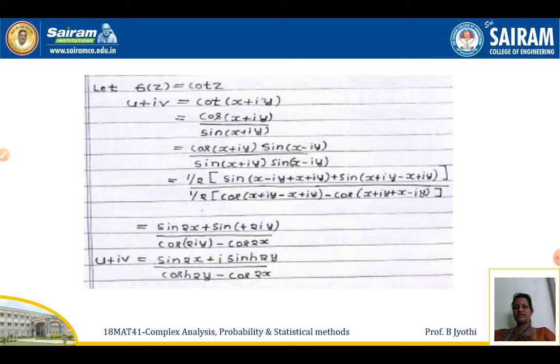Let f of z is equals to cot z, u plus iv is equals to cot of x plus iy, that can be also written as cos of x plus iy divided by sin of x plus iy.